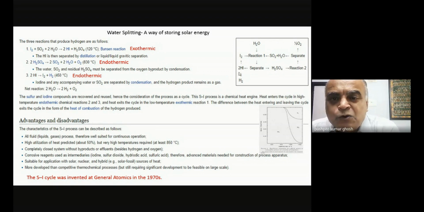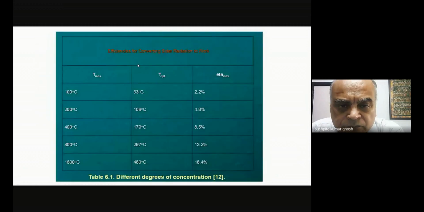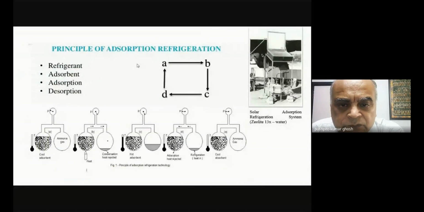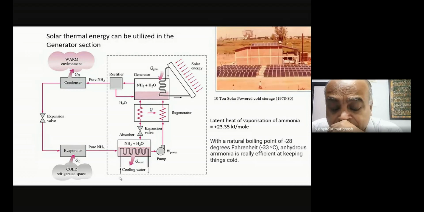Now look at the beauty. Where all did we see this heat input, heat sink, heat source? We saw it over here. Heat gets in, heat comes out. You're doing more or less the same thing in every case.